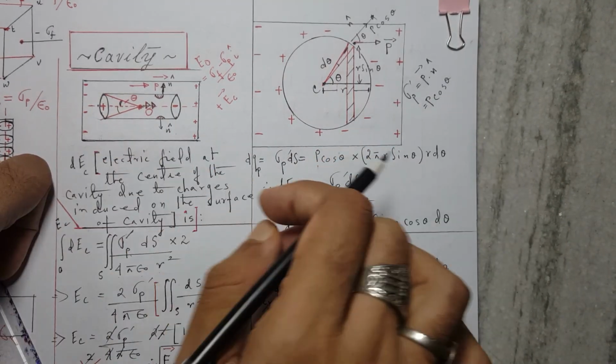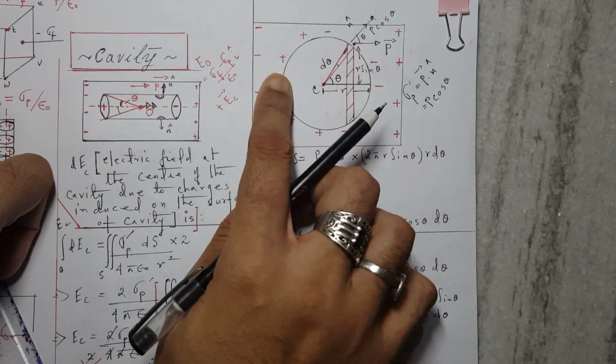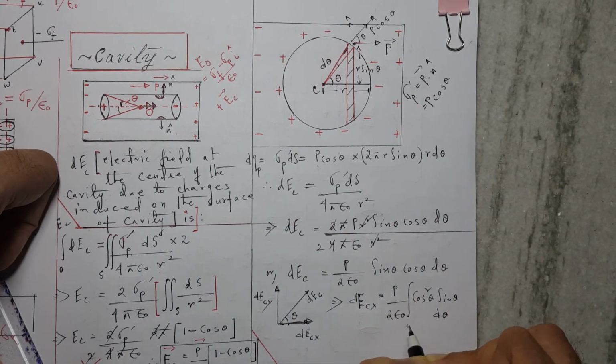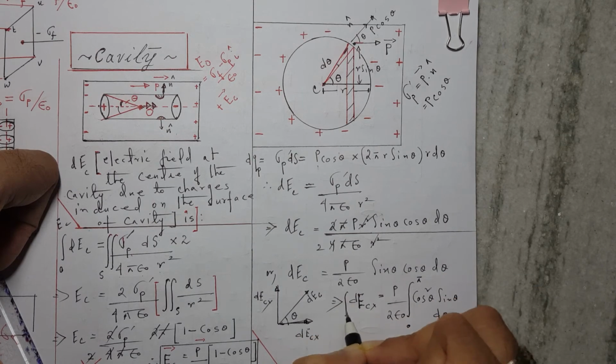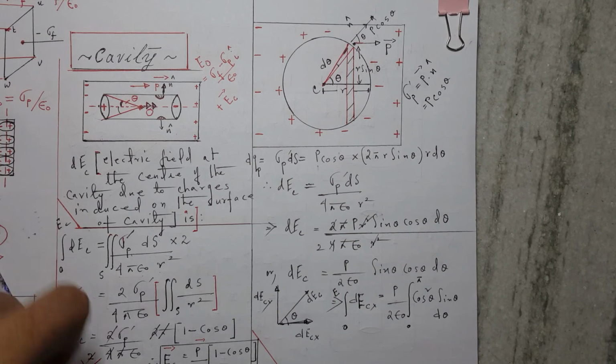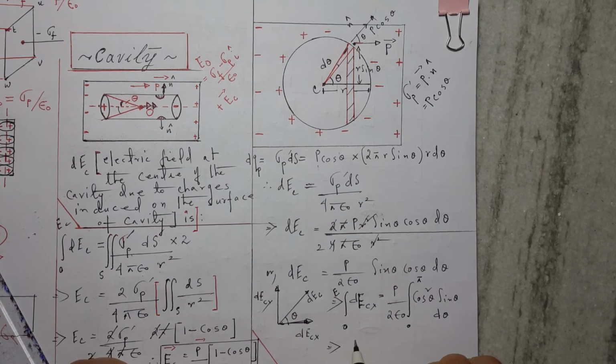If we move from 0 to pi, then the element travels from here to here and covers the entire sphere. Do this integration, you will get 2 by 3. So this will fetch you the result: Ec at the point X will be P by 3 epsilon naught.